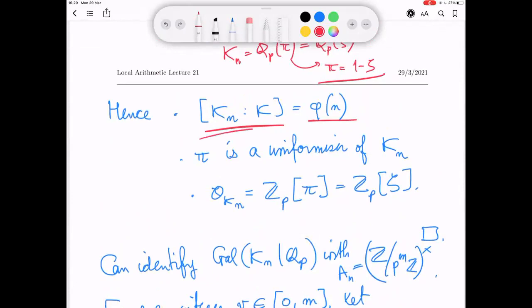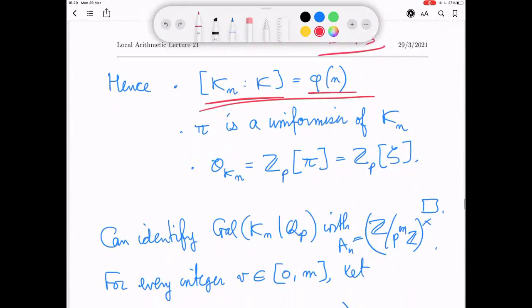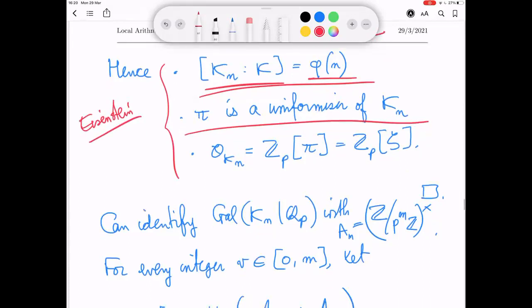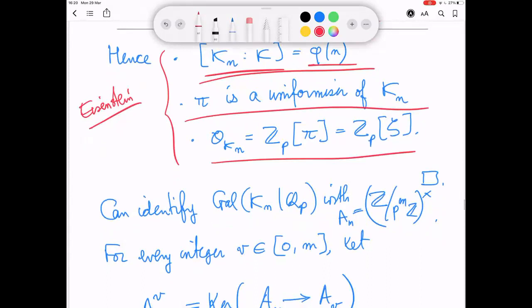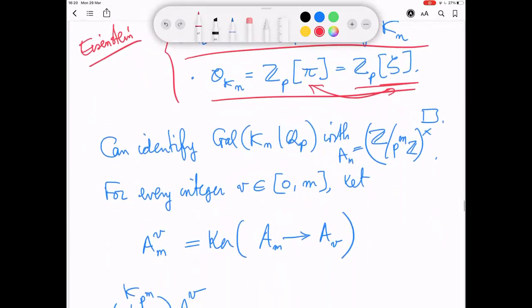Okay, so the degree of the field is this much, and pi is a uniformizer of Kn. Again, all this follows from that polynomial being Eisenstein. And the ring of integers is Zp[pi], which is the same as Zp[zeta], because pi and zeta determine each other. Okay.